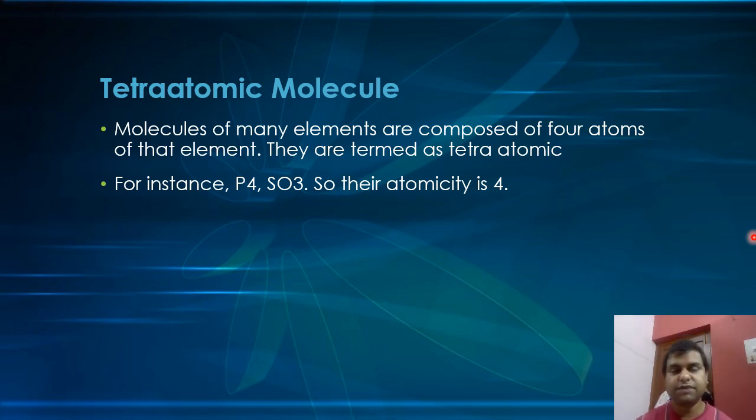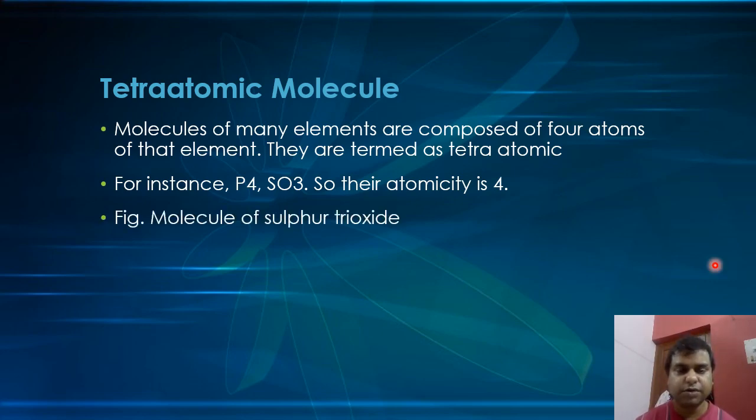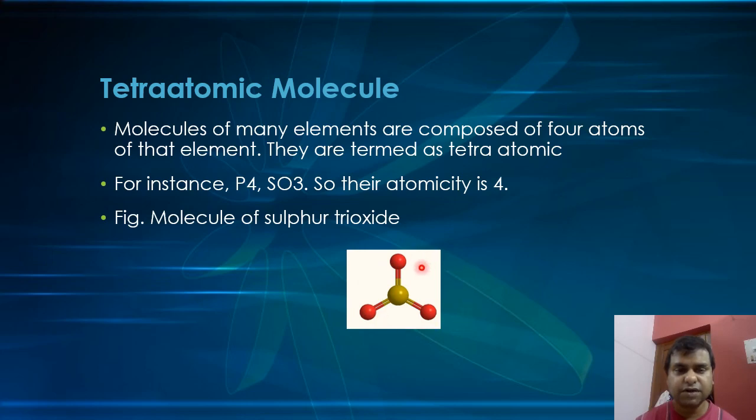In atomicity we are looking only at the number of atoms present within that molecule of sulfur trioxide. This is how sulfur trioxide will look. These red balls represent the 3 oxygen atoms, and this yellow ball in between represents sulfur.